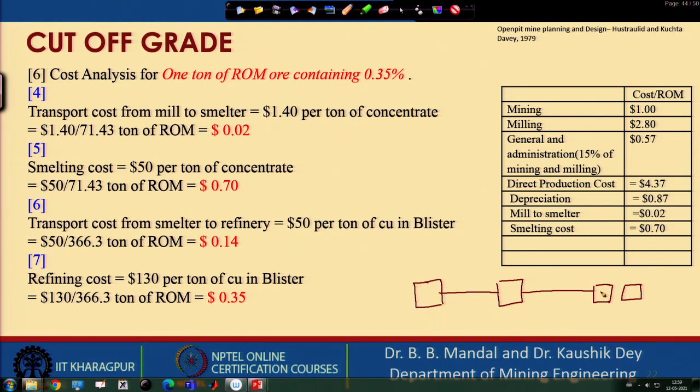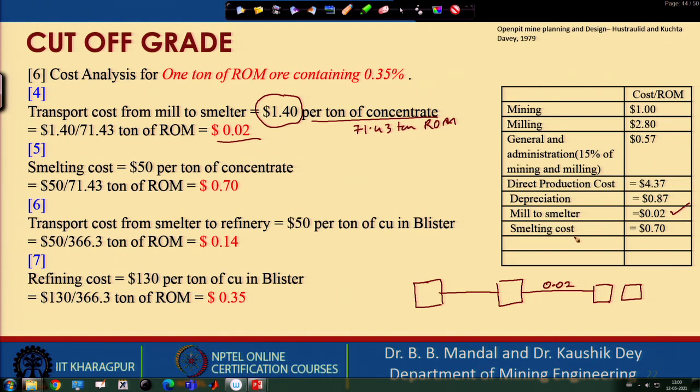So, this transportation cost is assumed at the same rate, and now if we are converting it into per ton of run of mines, you can see 1 ton of concentrate is coming out from 71.43 tons of run of mines. So, by converting this to per ton of run of mines, we have found $0.02 is the mill to smelter transportation cost.